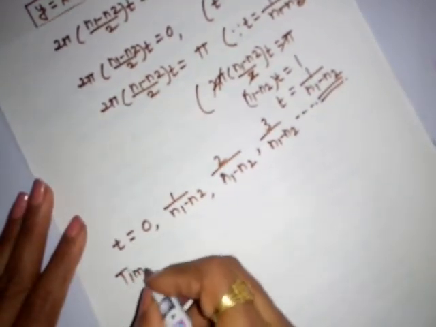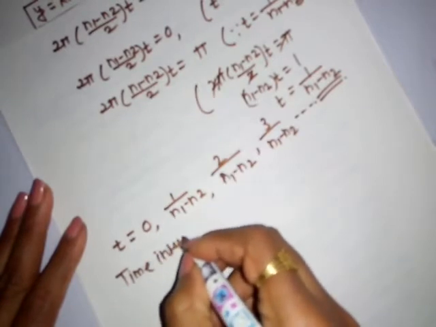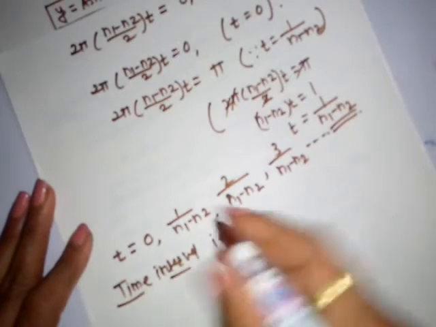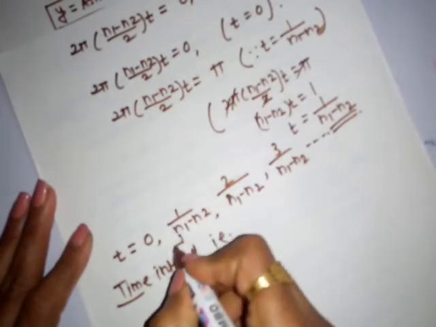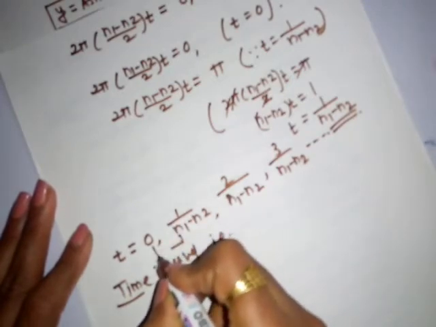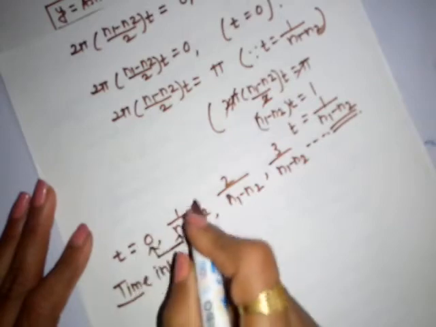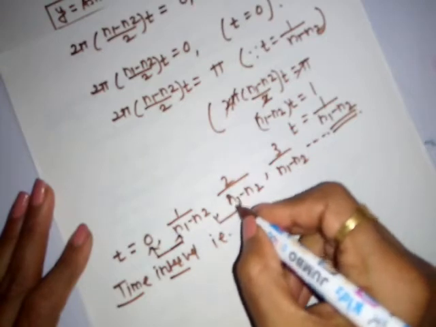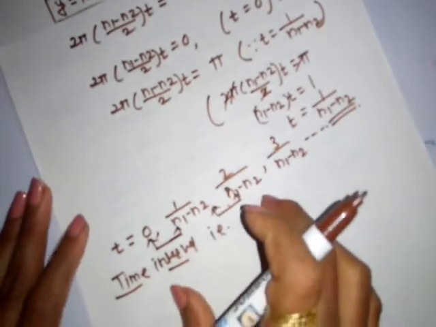Means time interval, that is first value, second value: the first value subtracted from the second value, then the second value subtracted from the third value, we get the time interval.